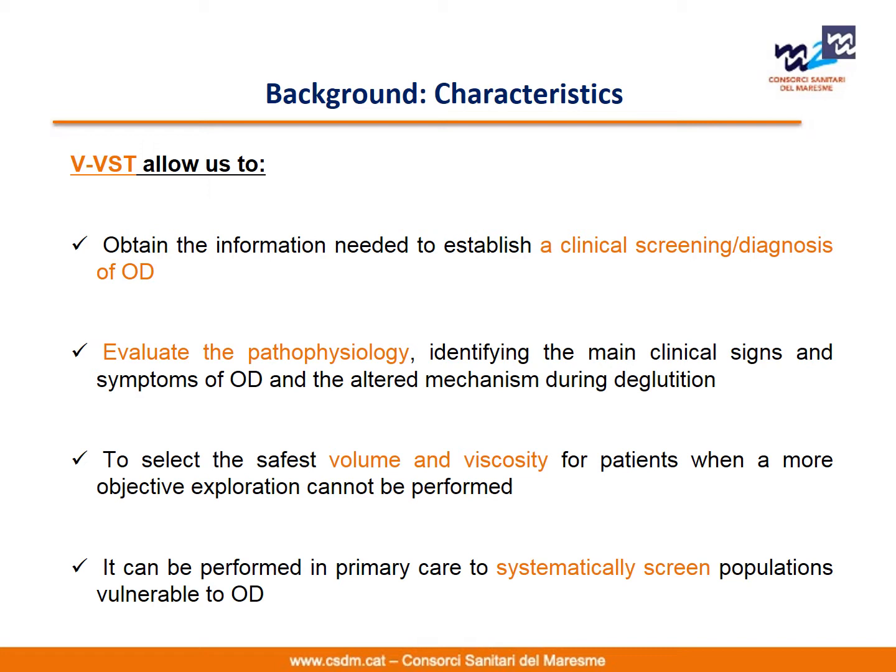Sometimes we're not going to be able to perform a more objective exploration, like videofluoroscopy or a fibroscopic evaluation, and so the VVST is a good option to select the safest volume and viscosity to compensate our patient. It can also be performed in primary care, so we can systematically screen populations that are vulnerable for OD, like our community elderly.